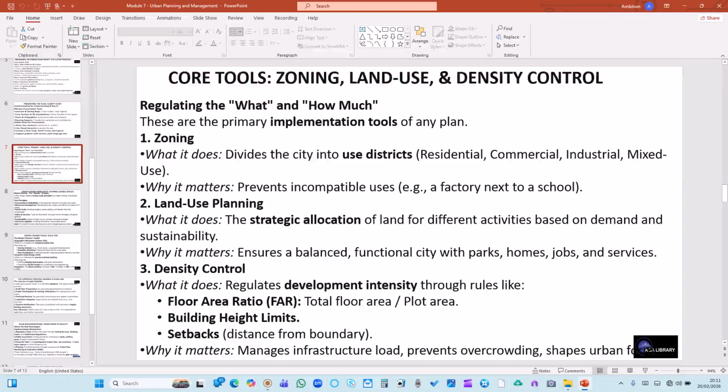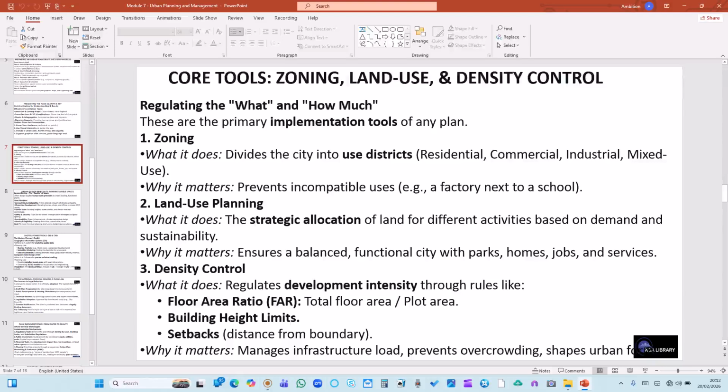Having done that, let us look at the key tools, which involve zoning, land use, and density control, which entails regulating what and how much. These are the primary implementation tools of any plan. One, zoning. What it does: zoning divides the city into use districts like residential, commercial, industrial, or mixed use.